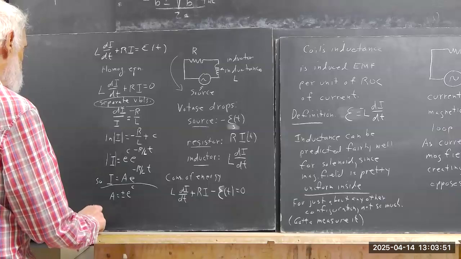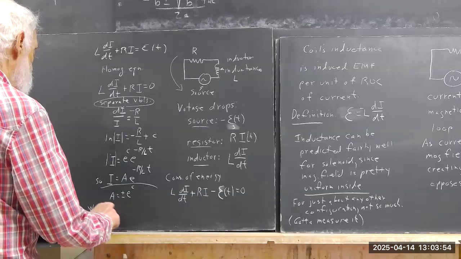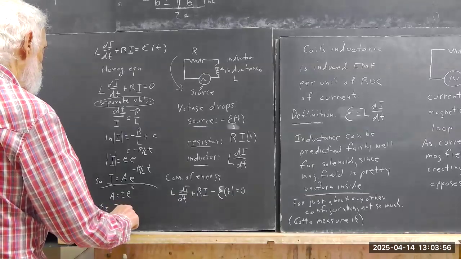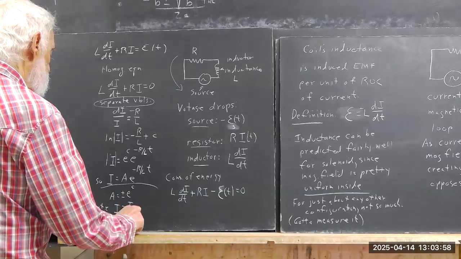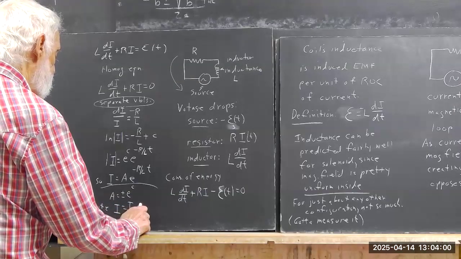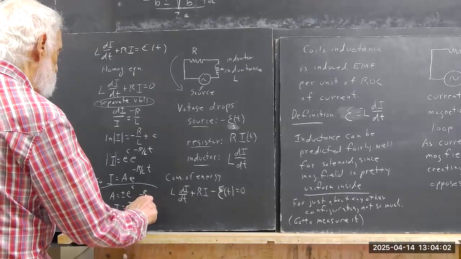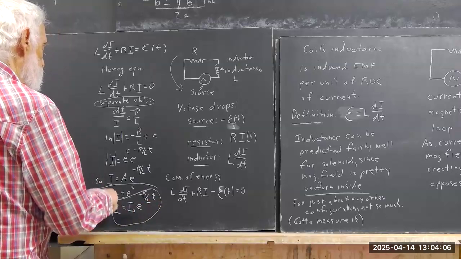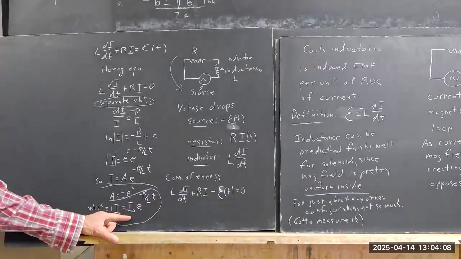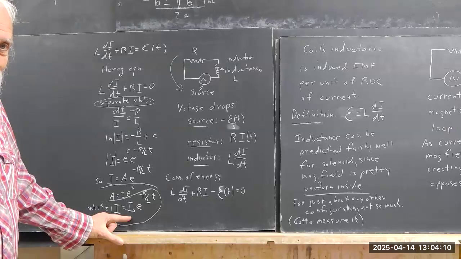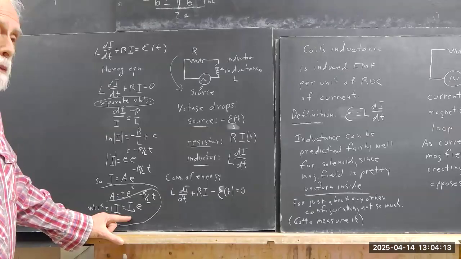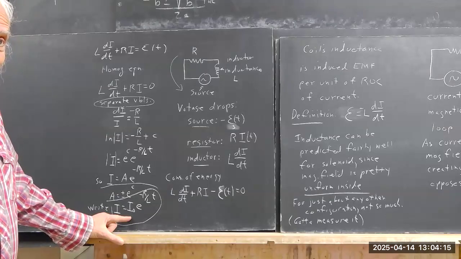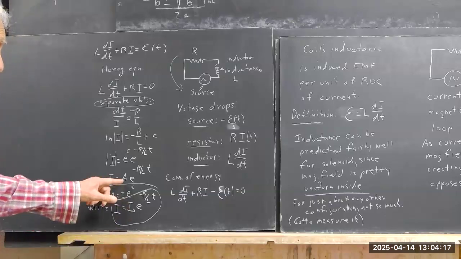So why don't we just write it? Instead of A, let's call it I naught. Whatever your t equals 0 current is, well, that would be the meaning of A.